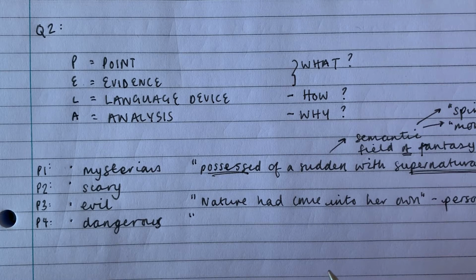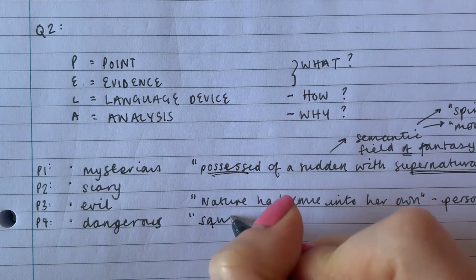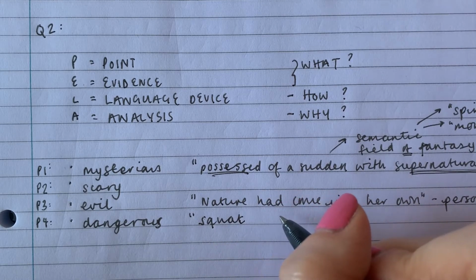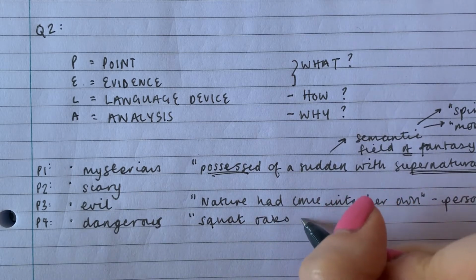I'm going to go with the "squat oaks and tortured elms," because I'm going to talk about the fact that we've already spoken about the fact that they are really important British trees, that we have connotations of them being the exact opposite of how this quote portrays them, and I think that that's really interesting to talk about.